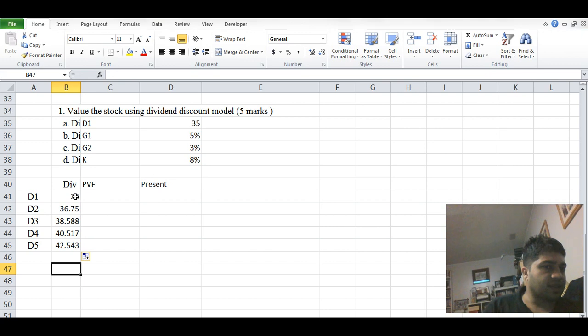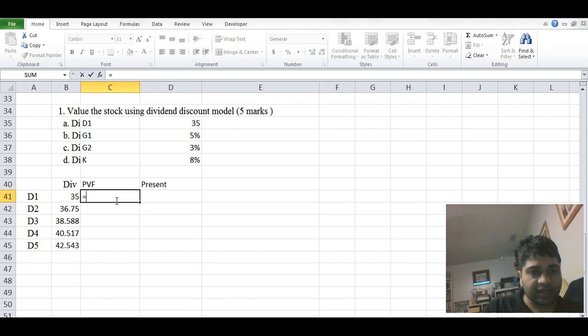In the exam, 35 multiplied by 1.05 is D2, 36.75 multiplied by 1.05 is D3, 38.58 multiplied by 1.05 is D4, and 40.5 multiplied by 1.05 is D5. So grow everything by 5%, that is G1.